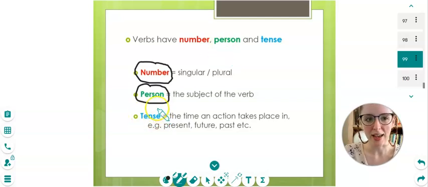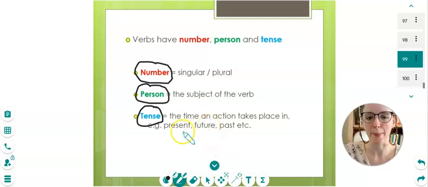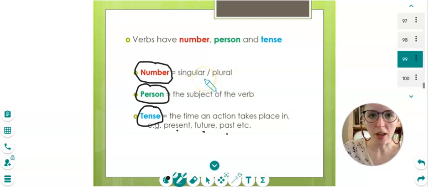And then finally, we have tense. And tense is when in time that verb takes place. So some examples of tenses are present, future, and past tense. And within that, you can have lots of complicated different tenses. But just an example, we might say, I run.